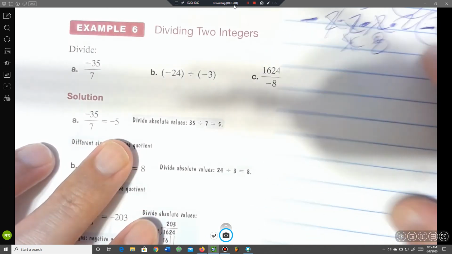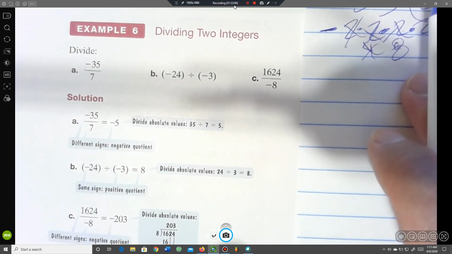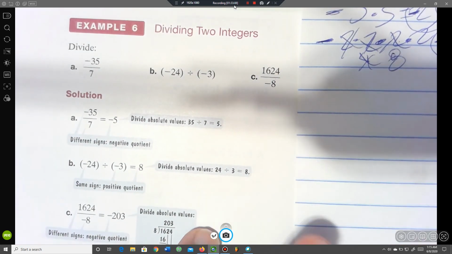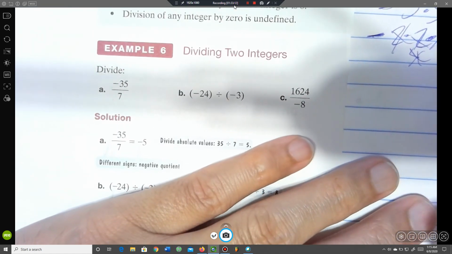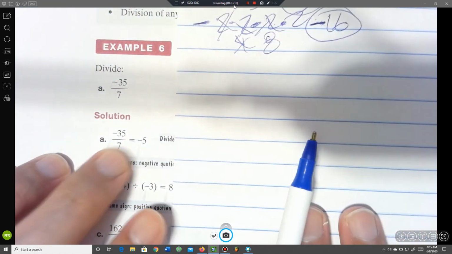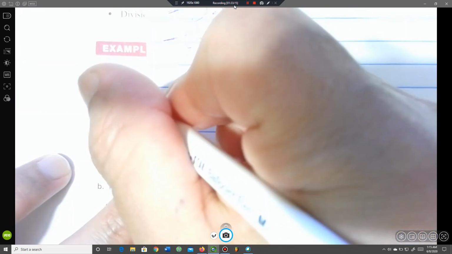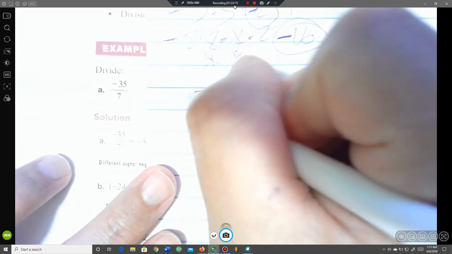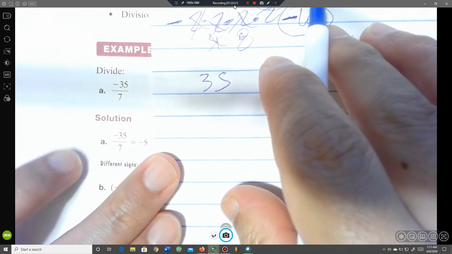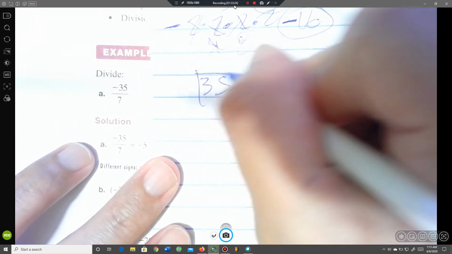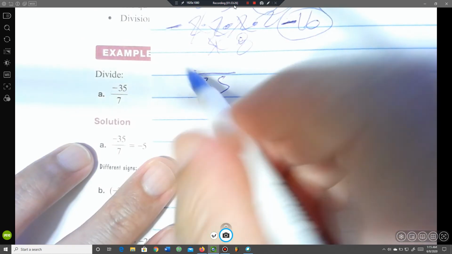But I'm just going to introduce how to divide here by working this one out really quick, by hand. Let me go ahead and start here. Negative 35 divided by 7.